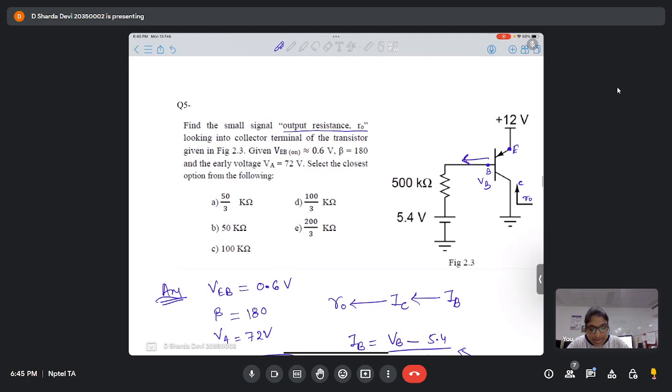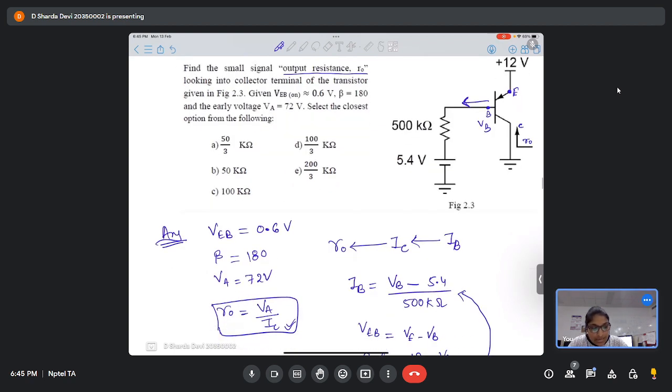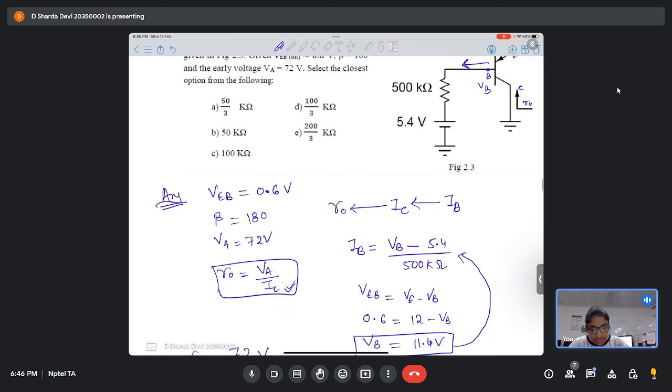Logically it should be output voltage versus output current, but whenever we talk about transconductance or resistance, it's actually change in voltage versus change in current. So R0 is dV by dI.